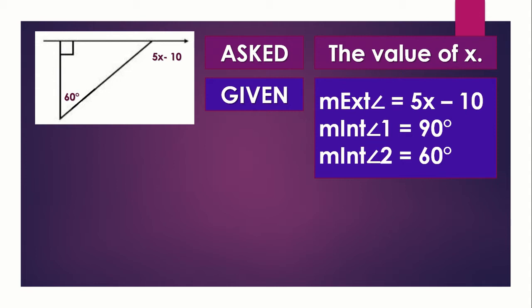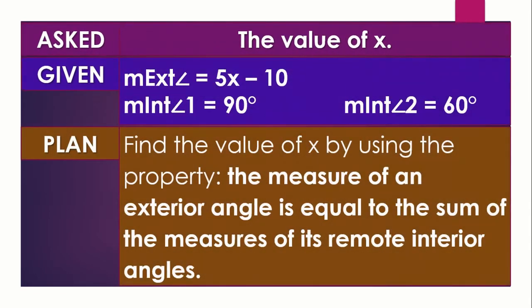The measurement of the exterior angle, which is 5x minus 10, and the measurements of the two remote interior angles, which are 90 degrees and 60 degrees respectively. What is the plan? Find the value of x by using the property: the measure of an exterior angle is equal to the sum of the measures of its remote interior angles.